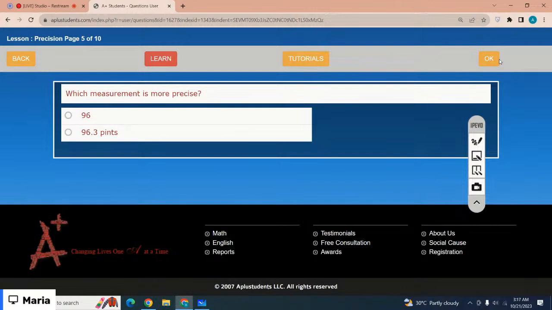Which is the correct option? Yes, 96.3 is the correct option, right?